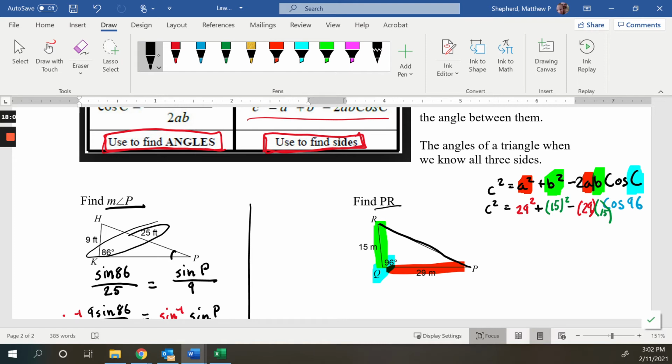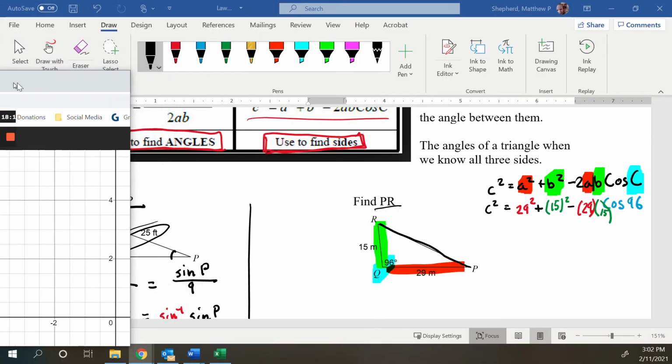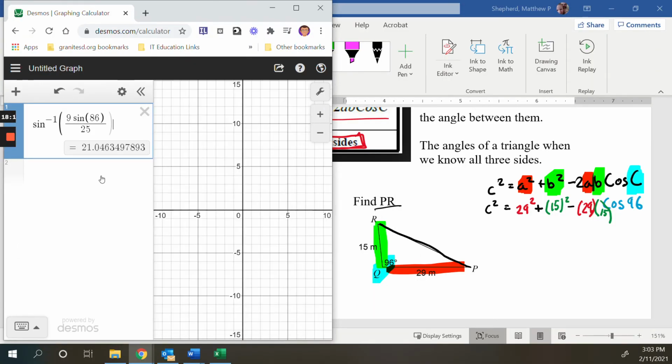Well, look at that. We've got an entire expression that is just numbers. That's wonderful. That means a calculator can do the work. And we don't have to do any more.